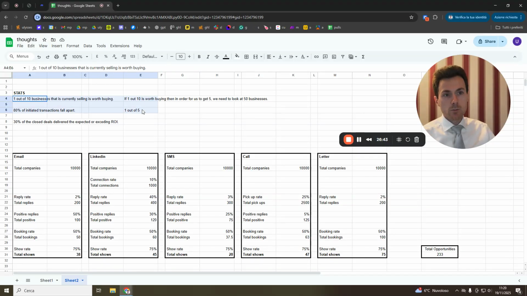Even these assumptions that I made might be completely skewed, right? Maybe in your industry we're talking about one out of two businesses that initiates due diligence ultimately closes. That's good news, but it might be that only one business out of 100 that are available for sale is actually worth buying.